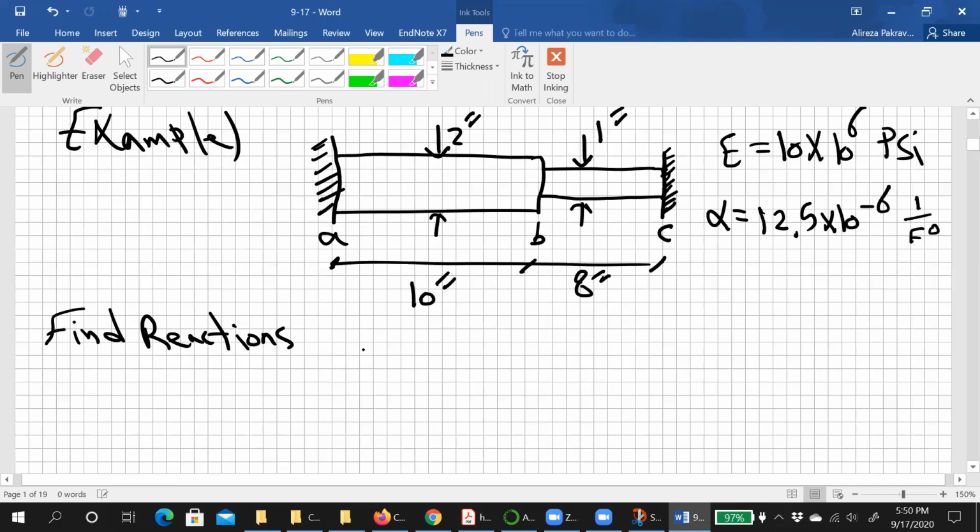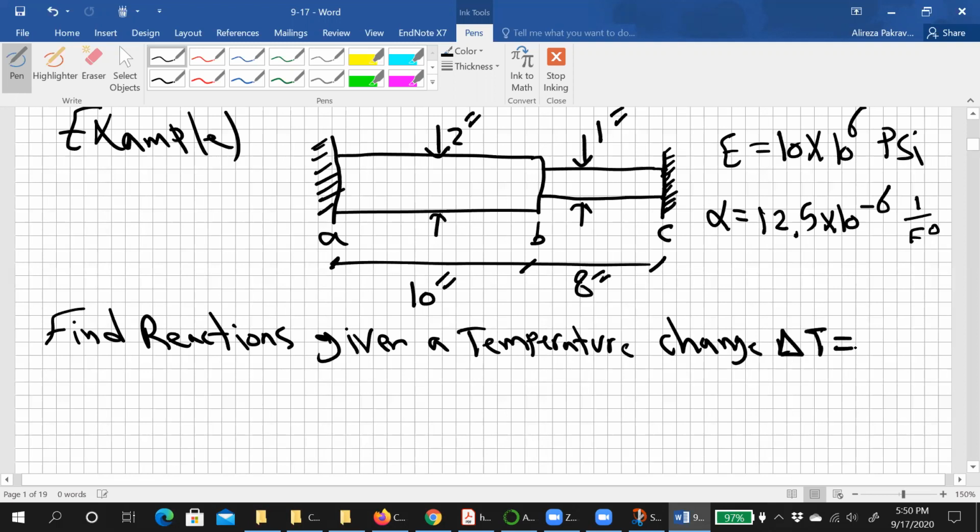Find reactions given a temperature change delta T equal 70 degree Fahrenheit, right?